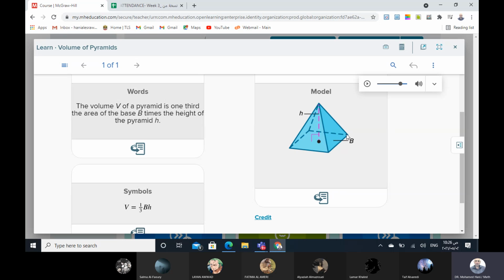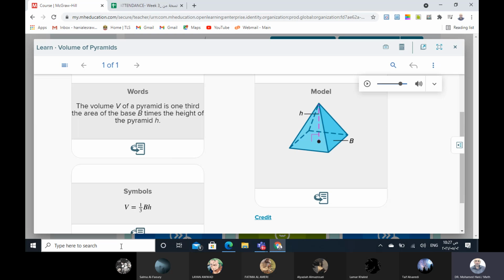And we have here one triangle, two triangles, three triangles, and four triangles. We have four faces, because the base has four sides. The volume V of the pyramid is 1/3 the area of the base times the height of the pyramid.